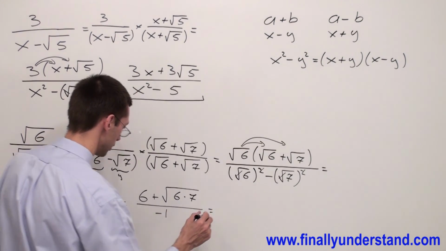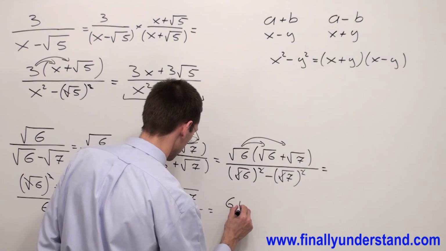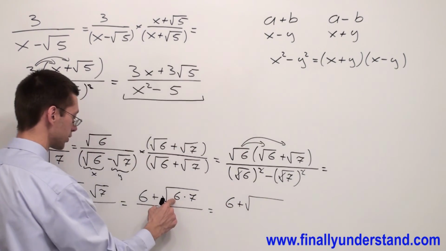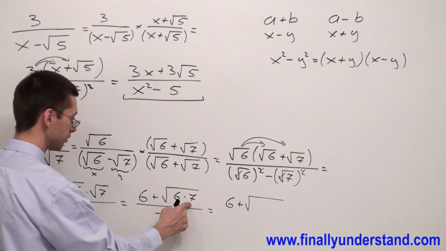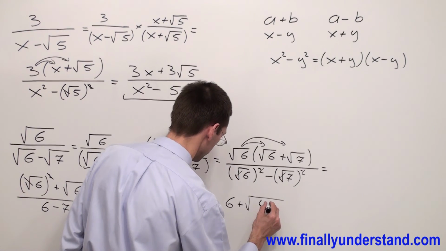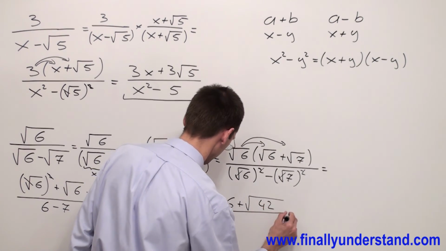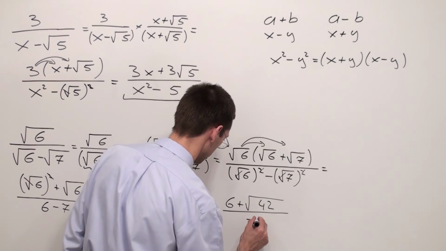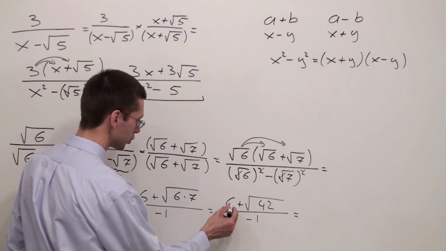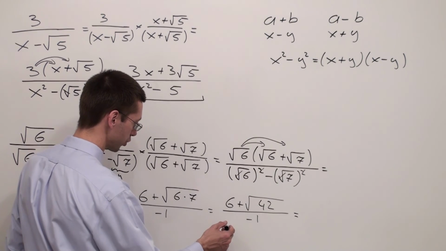Equals 6 plus square root of 6 times 7, which is equal to 42, over negative 1. We cannot add 6 to square root of 42.